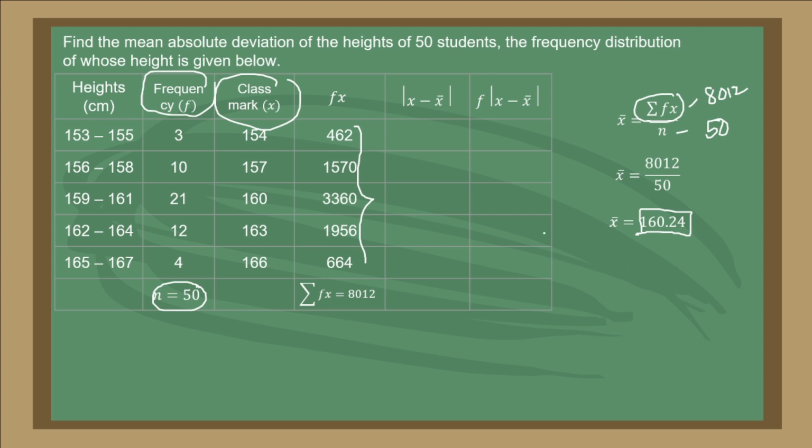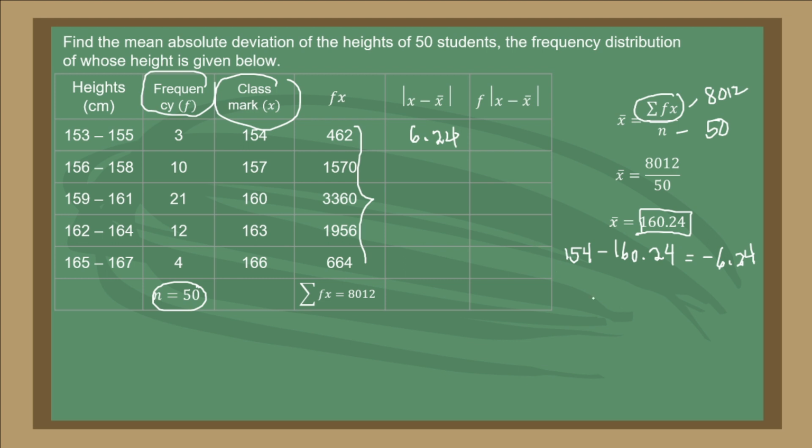Now we will get the absolute deviation. In the first row, we're going to subtract the mean from the class mark. For example, we have 154 minus 160.24. The answer will be negative 6.24. But you have to get right away the absolute value of negative 6.24, so it becomes positive 6.24.